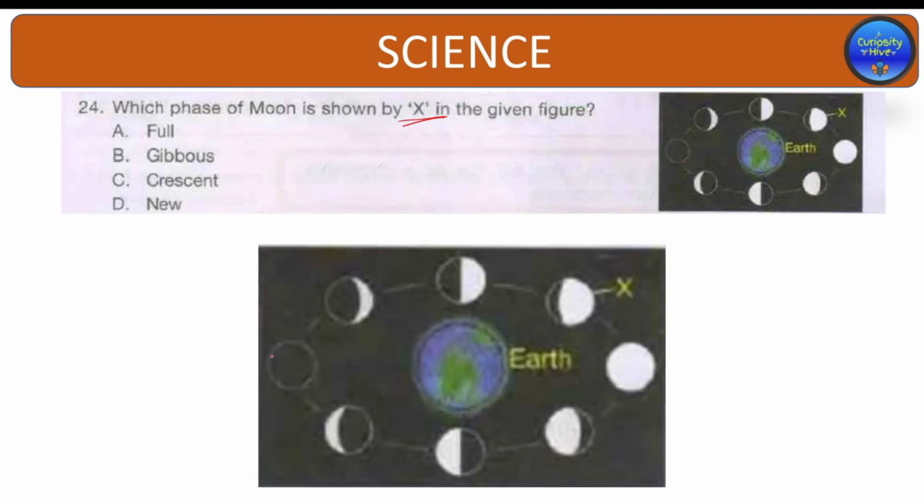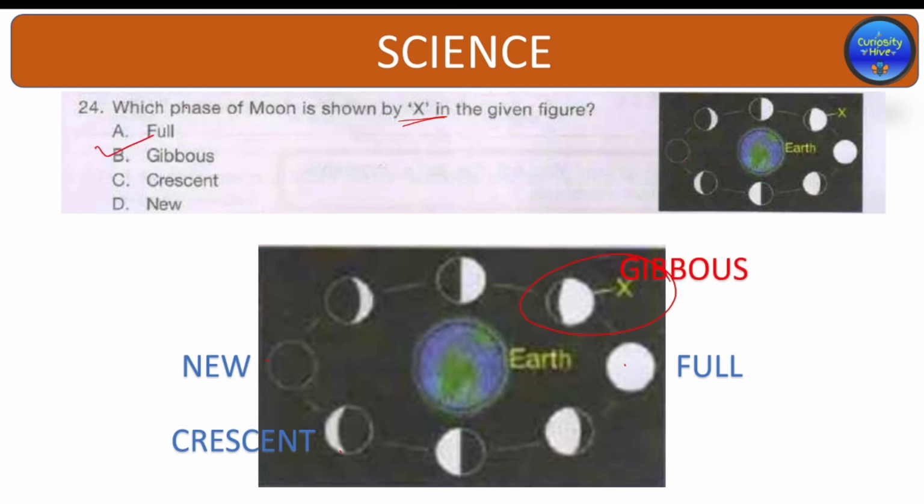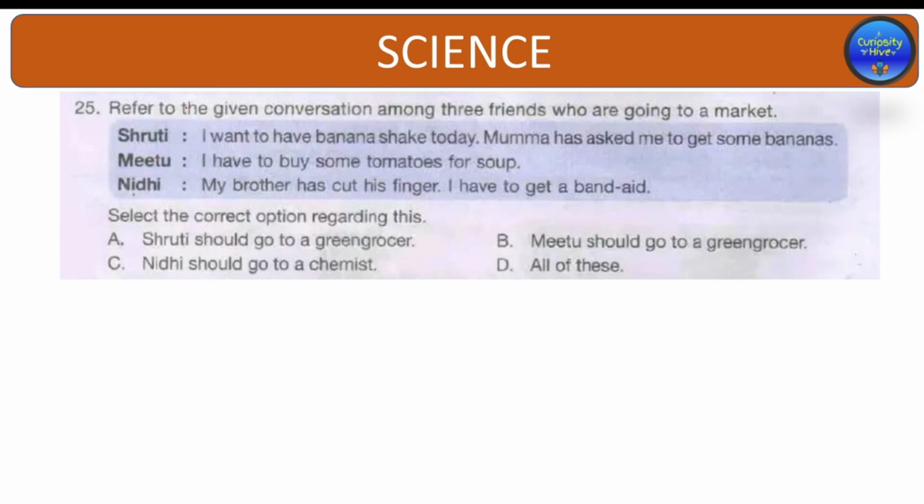Well, when it is complete darkness, it is the new moon. And exactly 14 days after new moon is the full moon. Now, crescent is the C-circle shape that you see when it starts moving towards full moon. And hence the remaining X is the gibbous, which is our answer which we got by eliminating the other options.